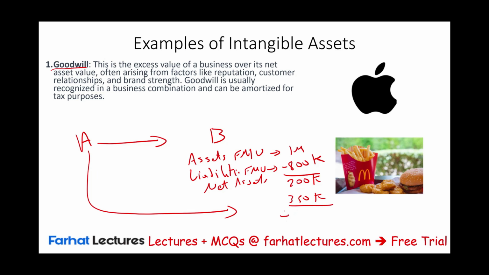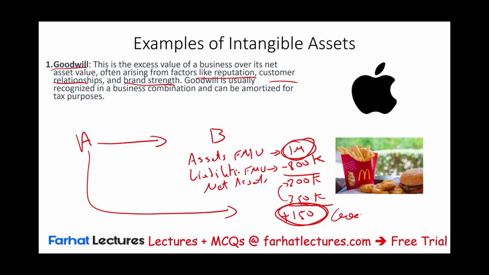So they paid an extra $150,000 above the net assets. Now, why did they pay this amount? Well, it could be because of the company's reputation, it could be the customer relationships, it could be the brand strength, and all this good stuff is not reflected in the $1 million. So when they purchase the company, since they paid an extra 150, they have an extra 150 of assets.